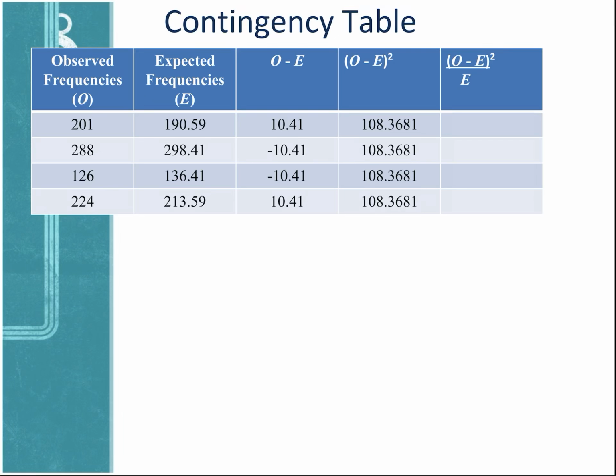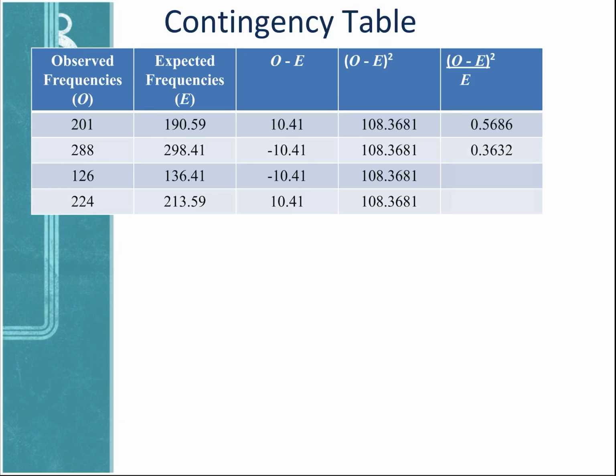When we square them, it makes calculations a little easier for us. We're going to get 108.3681 for each one of those. However, in the final column on the right, they each have different expected values E: 190.59 and 298.41. So this final column will have different values. 108.3681 divided by 190.59 gives us 0.5686.